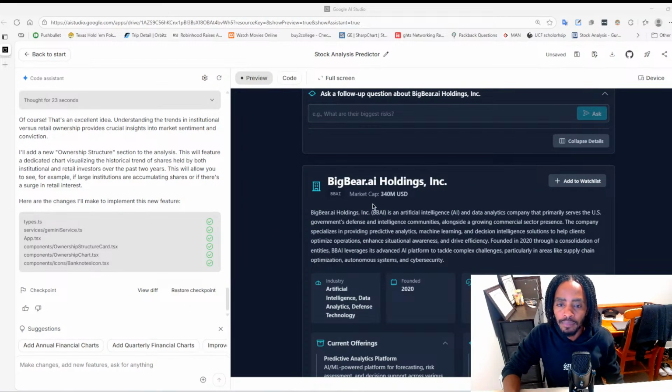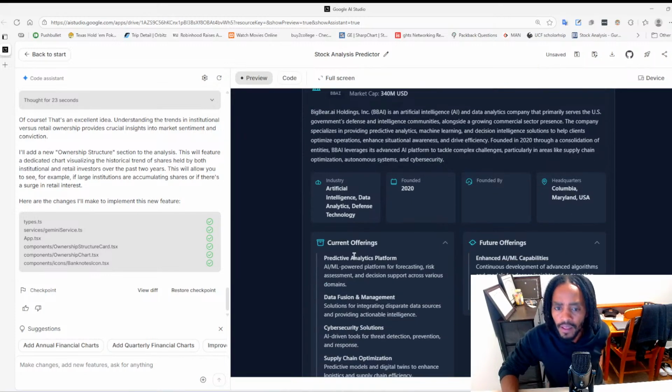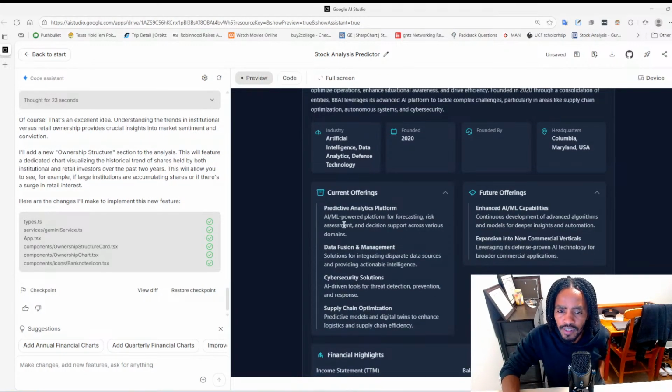So boom, we got BigBear.ai: the approximate market cap, the industry, when it was founded. Headquartered, and then we got the company's current offerings, future offerings. I don't really like this.